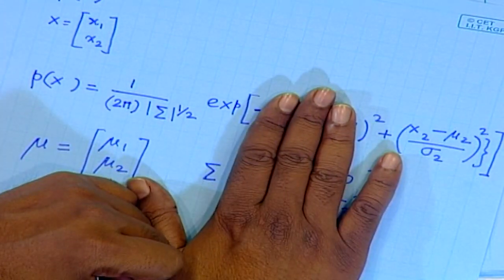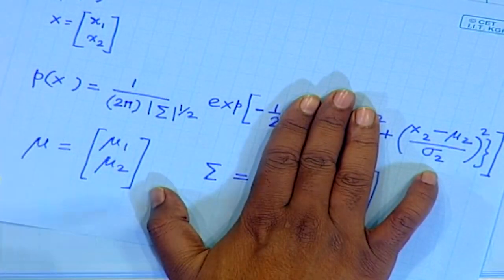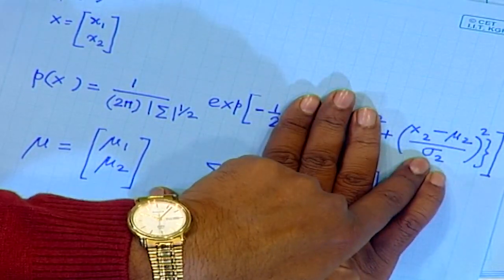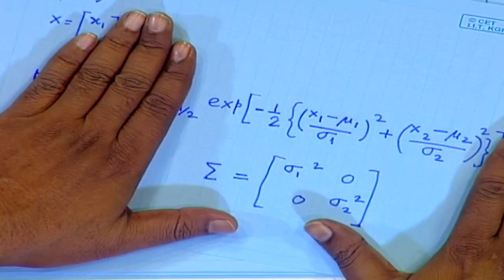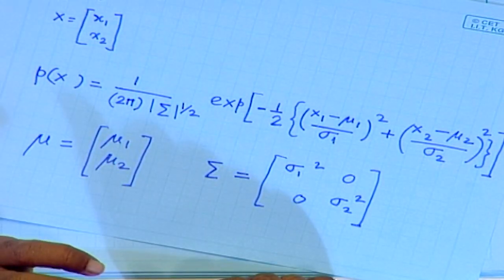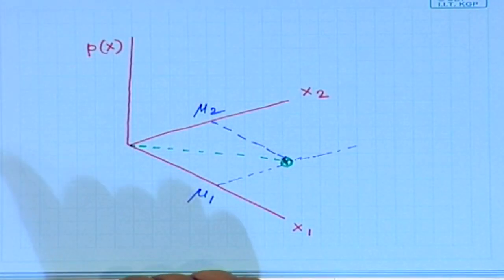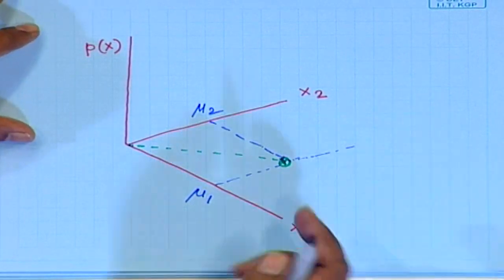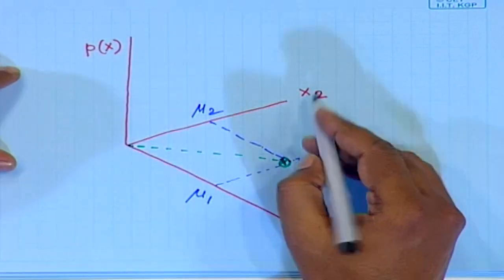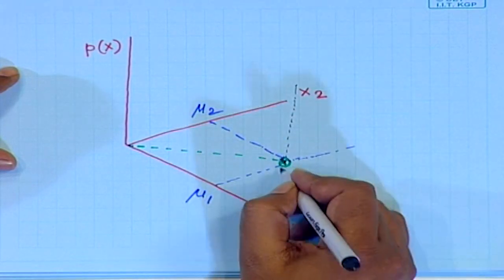When I consider only the second component, this becomes a normal density along the x2 direction with mean value mu2 and standard deviation sigma2. So this overall exponential term is actually a product of two normal density functions, or two Gaussian density functions. If I plot this in two dimensions, I'll have something like this: a peak of the density around this mean value mu.